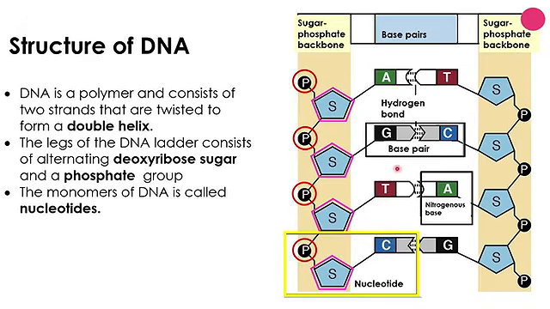we also have these nitrogenous bases that we find in the middle of our backbone. So Yolandi mentioned the A's and the T's, the C's and the G's. Those are our nitrogenous bases, and one nitrogenous base with a deoxyribose sugar and a phosphate makes up our nucleotide.